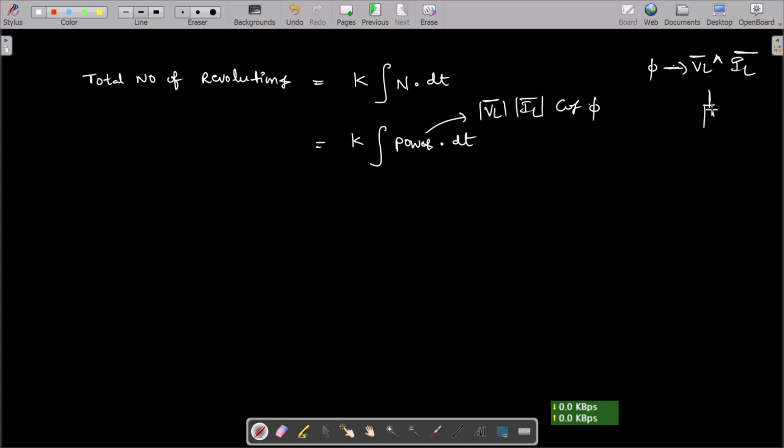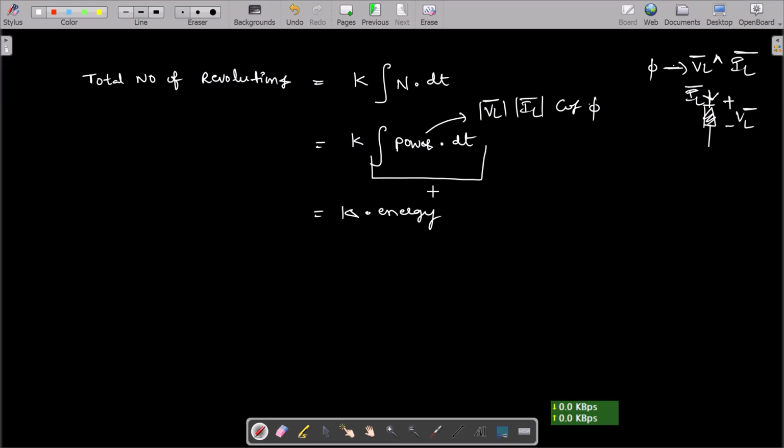Now we have connected the energy meter, that is VL and IL, for an ideal case. This will be equal to K times whatever this part is, that is the energy consumed by that load.